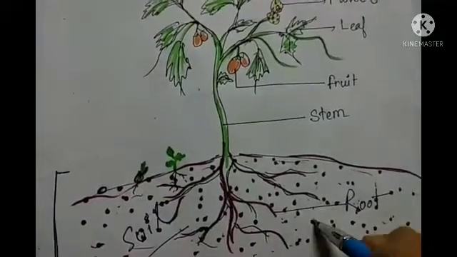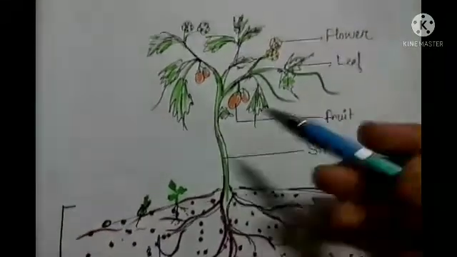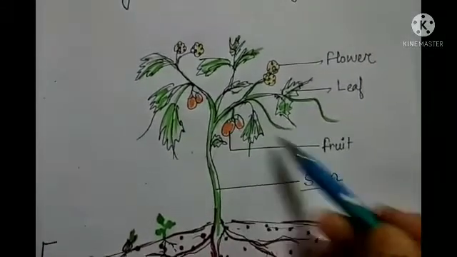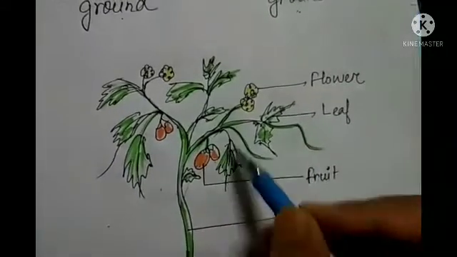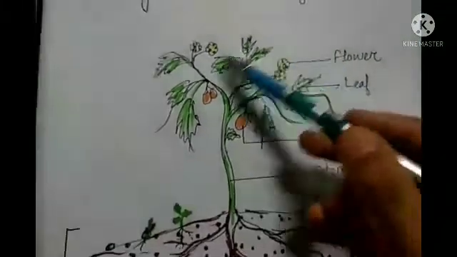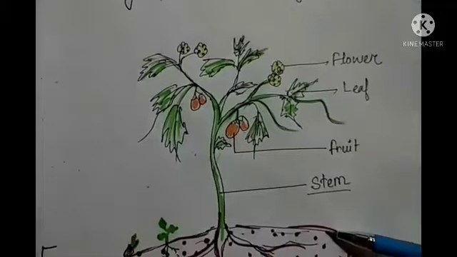I already told you about this, so this is the root system below the ground. Next, above the ground, the stem. Then these are the fruits, and here you can see leaves, and this is the flower. These are the parts of a plant.